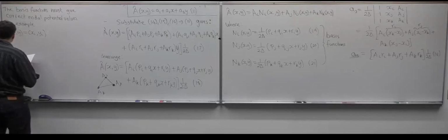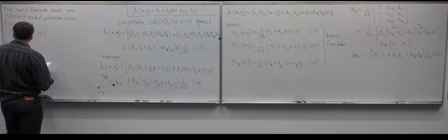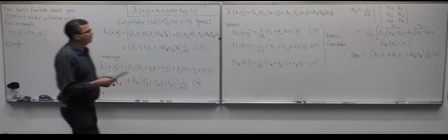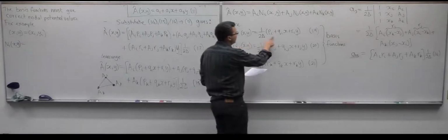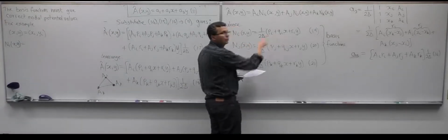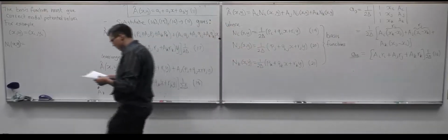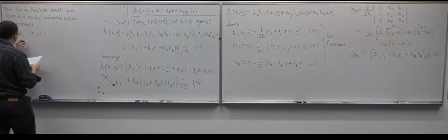So we need to write out the basis function completely. Remember that pi, qi, and ri, those three terms, are written in terms of coordinate positions. So let's just expand that out again now.